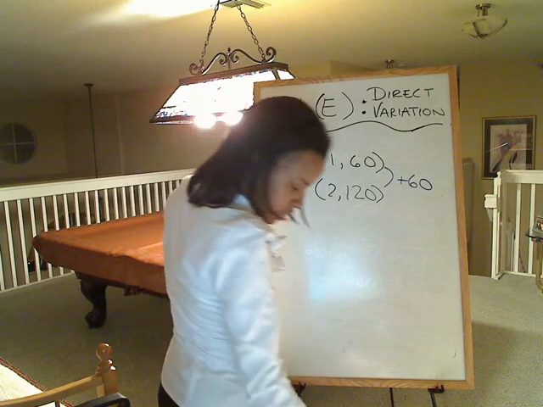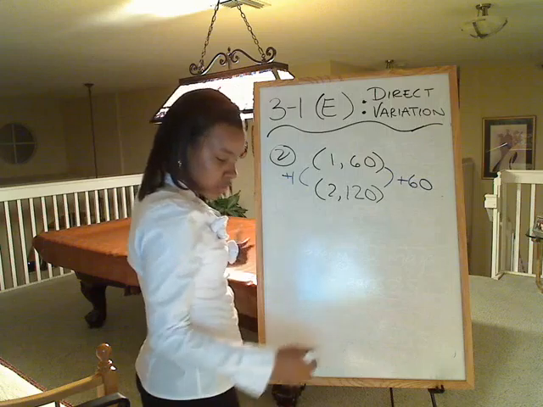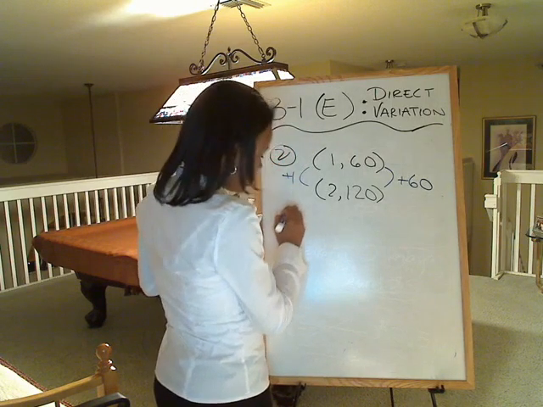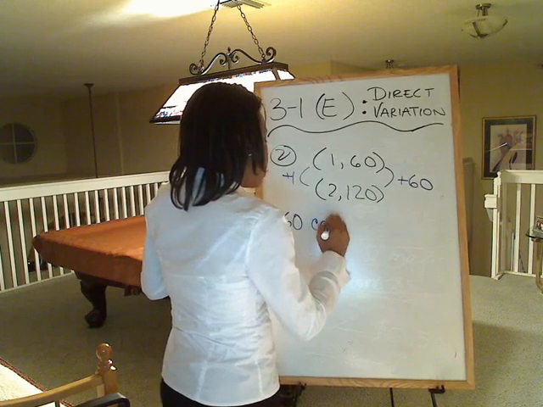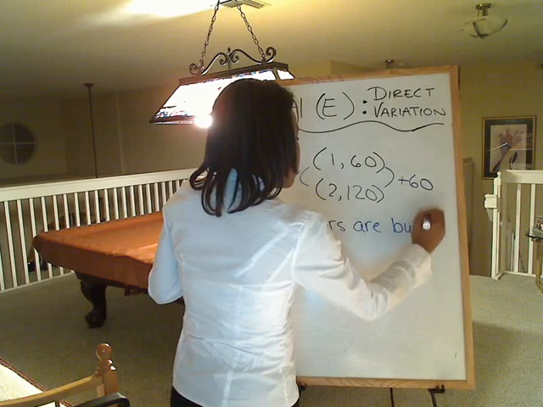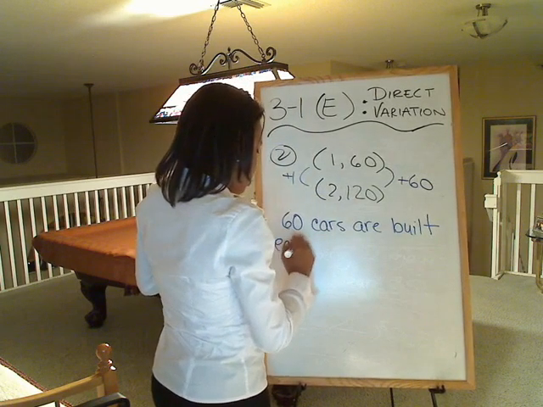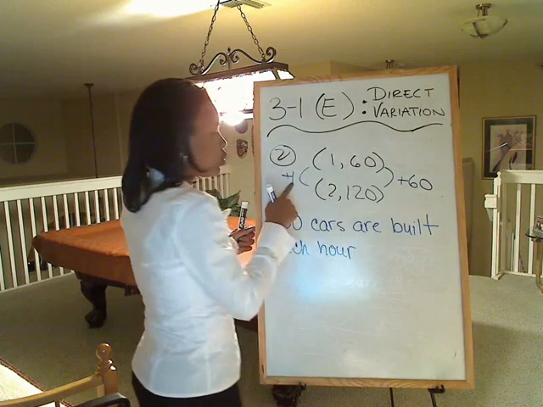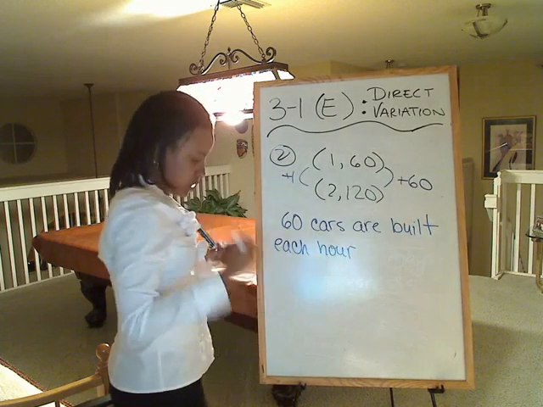So that pretty much answers your question, what the ratio of cars to hours is. 60 cars are built each hour. Because it's 1 hour, 60 cars. Easy question.